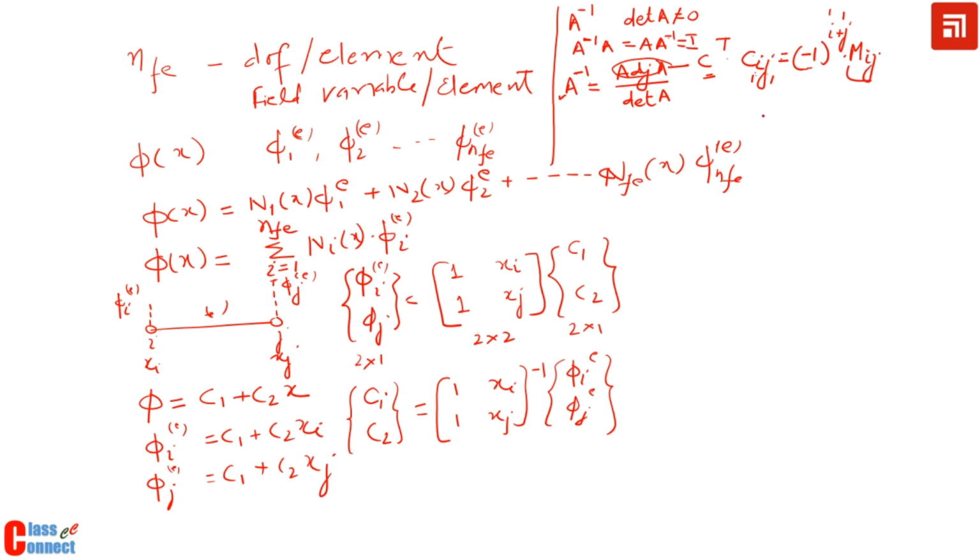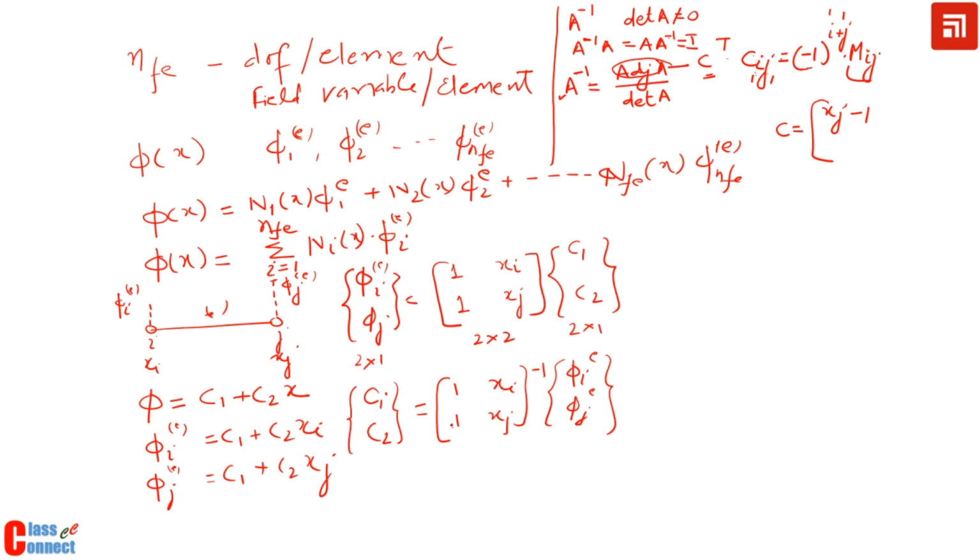So now we can write the cofactor matrix for this particular matrix as C is equal to, this is xj. This is 1 and it is minus because it is position 1 and 2, so it is minus 1.